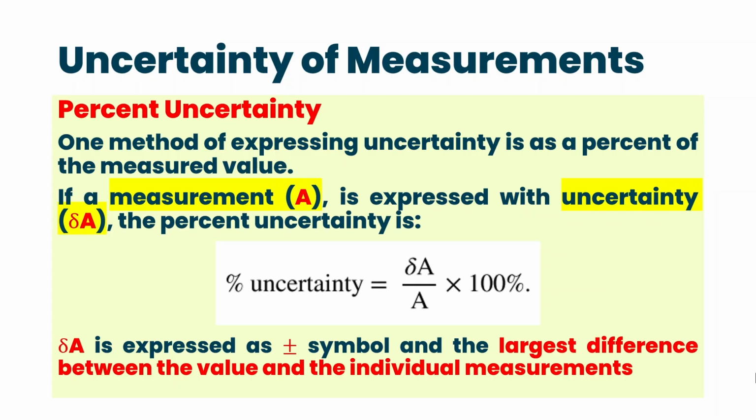The uncertainty, or sigma A, is expressed with a plus or minus symbol and is the largest difference between the value and individual measurements. So uncertainty, that part in the numerator, is taken by subtracting the largest value and the minimum value, or subtracting the largest value and each of the individual measurements if the minimum value is not available.